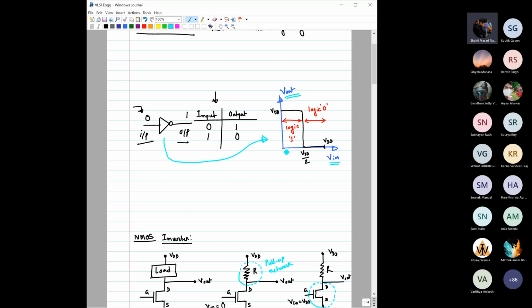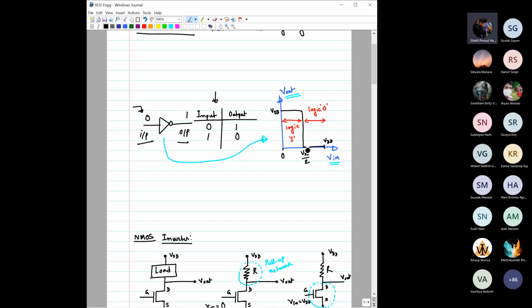So starting from 0, when the V input is equal to 0 to say up to VDD by 2, right? Say if VDD is equal to 5 volt, then up to 2.5, you give any voltage, then the expected output is to be 5 volt only, VDD only, right?